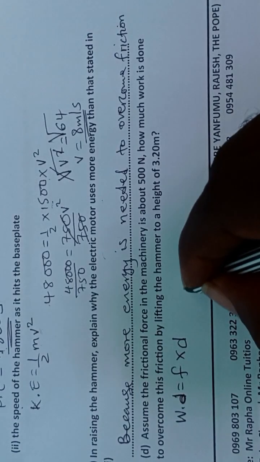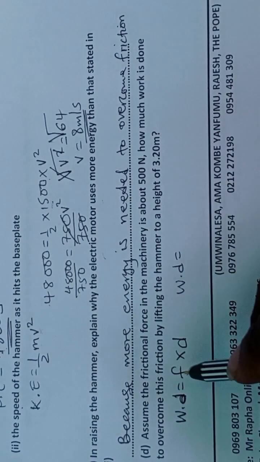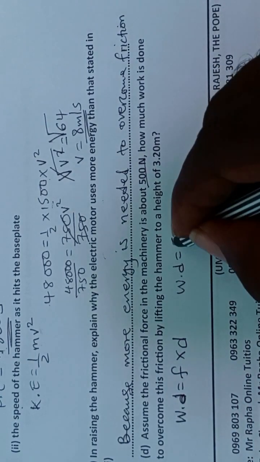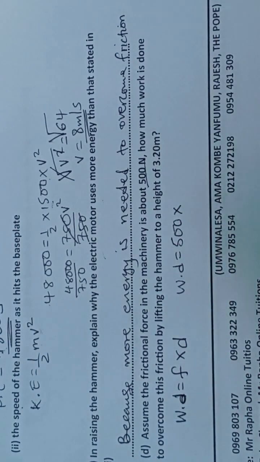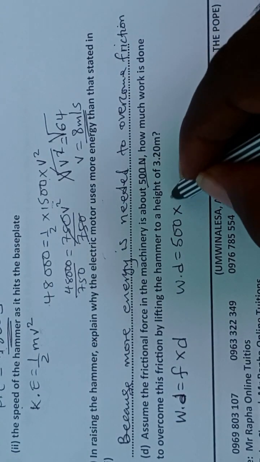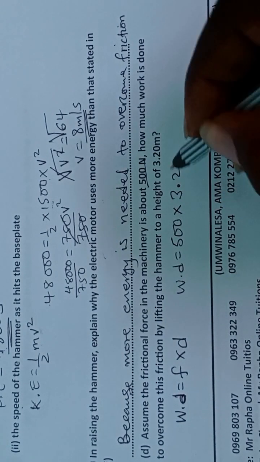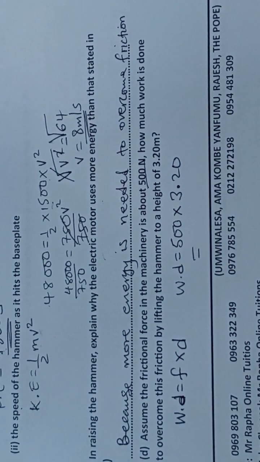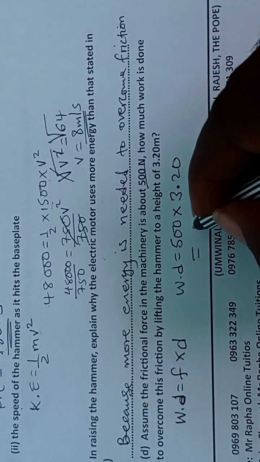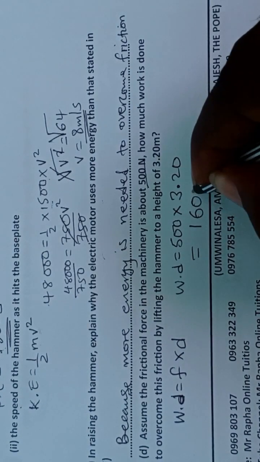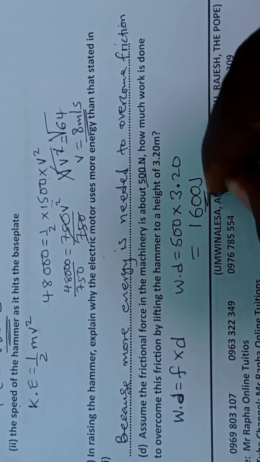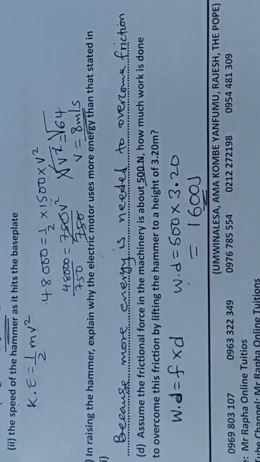So work done is equal to force, given as 500, times height, which is distance, 3.20. So 500 times 3.20, the answer is 1,600 joules. Remember that work done is calculated in joules.